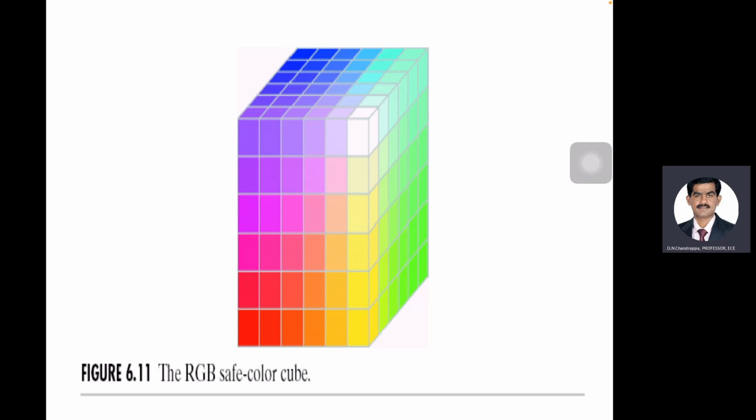Therefore, pure cyan does not reflect red, pure magenta does not reflect green, and pure yellow does not reflect blue. Similarly, RGB equals 1 minus C, 1 minus M and 1 minus Y. Combining CMY produces a muddy-looking black.